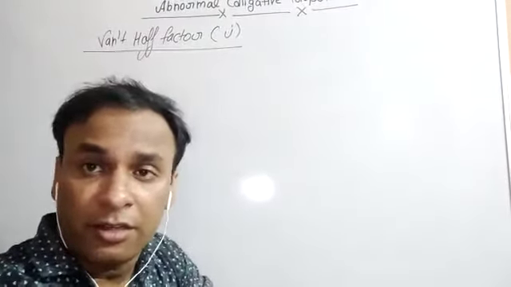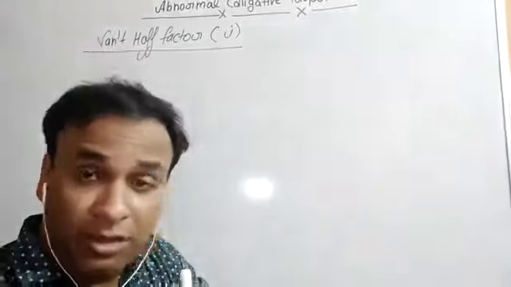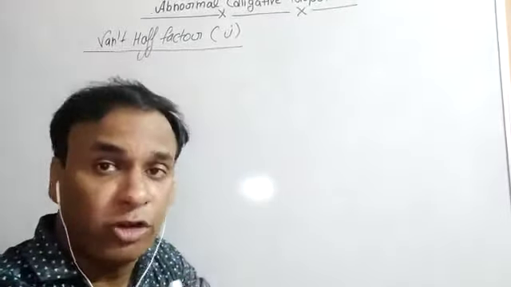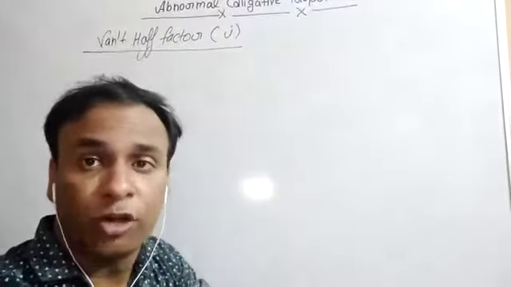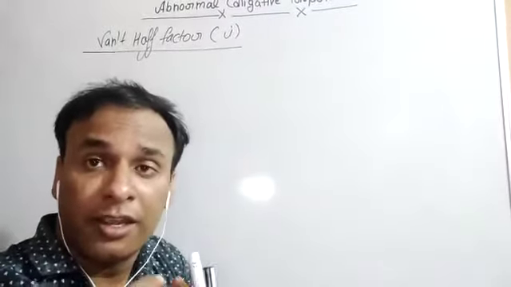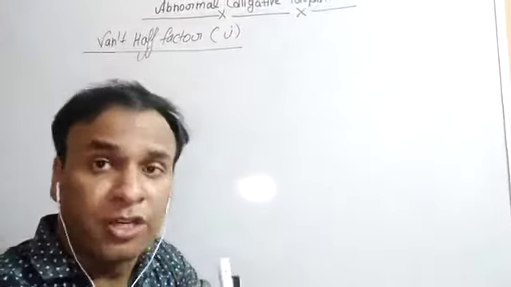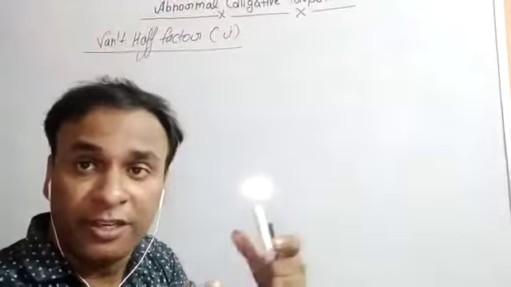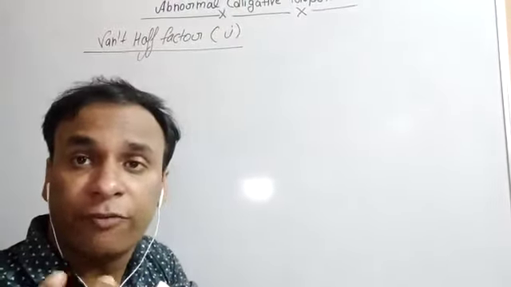To determine the exact colligative property of solute particles which get dissociated or associated in aqueous solution, a new term, the Van 't Hoff factor, has been introduced. What is the Van 't Hoff factor?